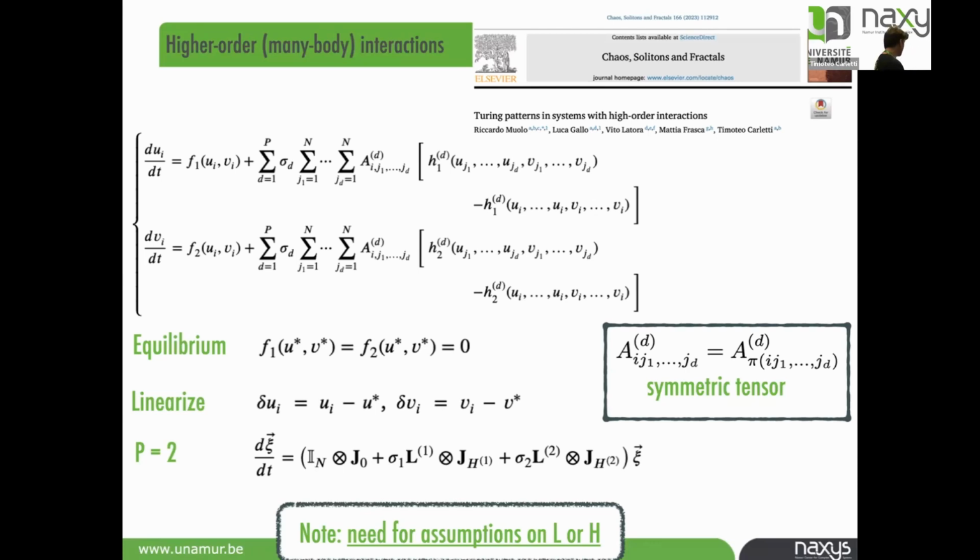In general, you cannot go any further with this equation because the matrices L1, L2 do not commute, so they cannot be simultaneously diagonalized, and the matrices JH1 and JH2 do not have a basis in common. But under some assumption on the topology and on the coupling, you can go on and produce a theory again, as we did before with the dispersion relation.